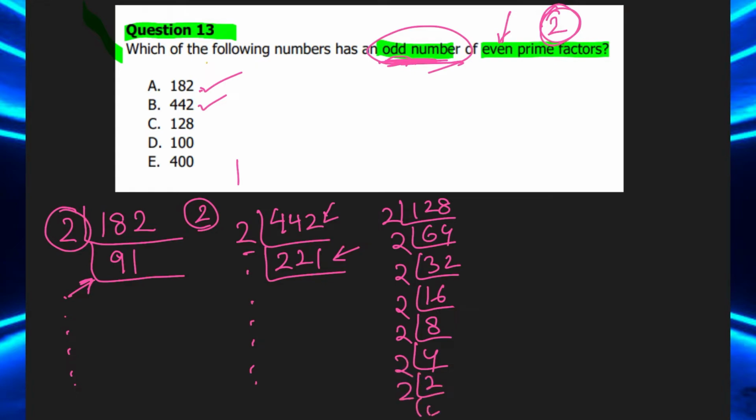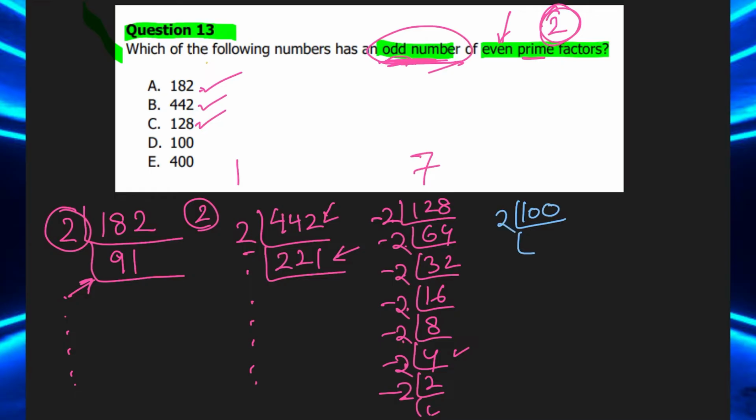Now this number has 1, 2, 3, 4, 5, 6, 7. Did I do it correctly? Let me check. 1, 2, 3, 4, 5, 6, 7. This number again has 7 even prime factors. So this also seems correct somehow.